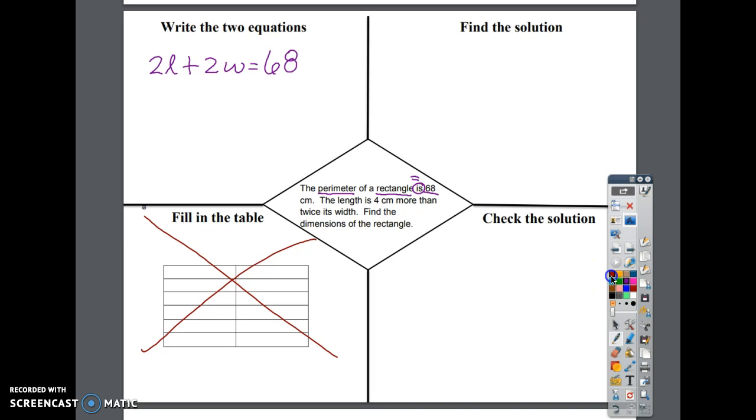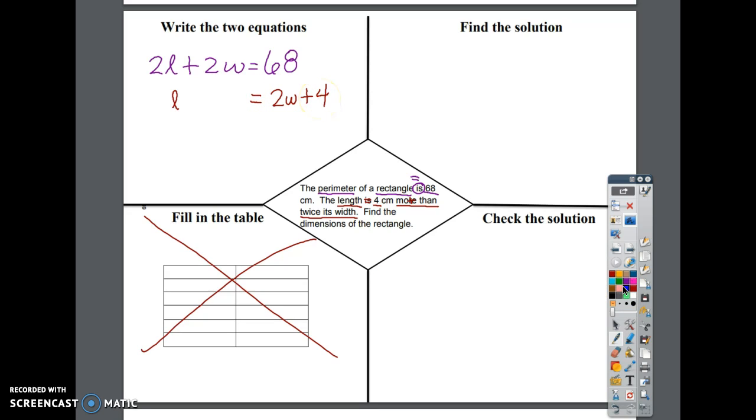It also says that the length is, that's equal. L equals, and I'm just going to line them up already. L equals 4 centimeters more than, so plus, but flip it, twice the width. So plus 4. And then right here in front, it says twice the width. So that's 2W. Okay, so L equals 2W plus 4.